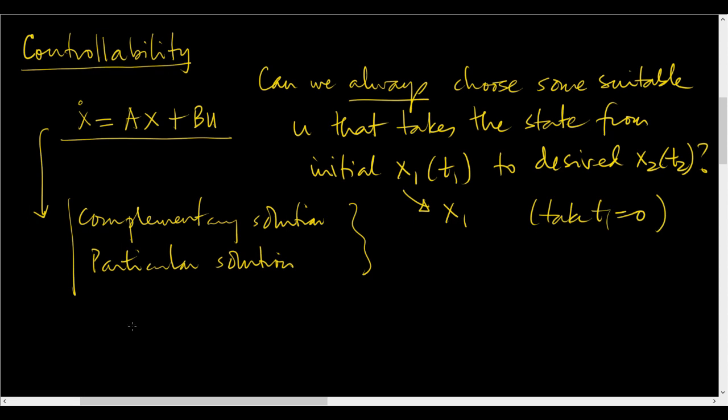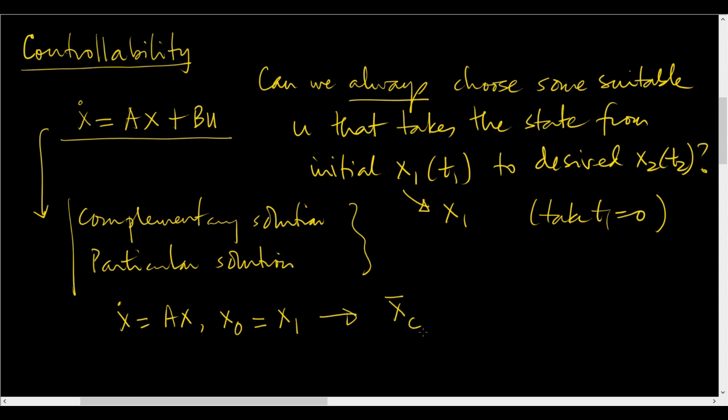What we can do is we can take x dot is equal to ax, x0 is equal to x1, okay, and then we will get a solution which we will call, let us say, x bar. It is the complementary solution.